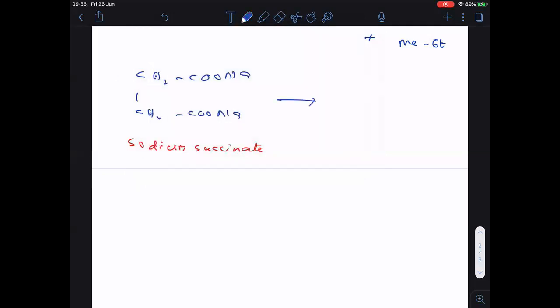Sodium succinate when subjected to Kolbe electrolysis, so what happened here? CH2=CH2 is formed. This is called ethene.